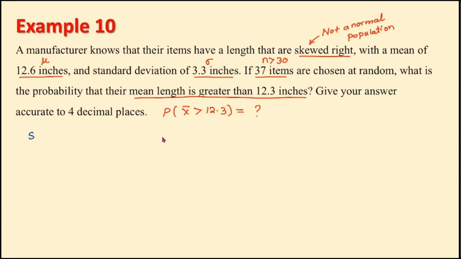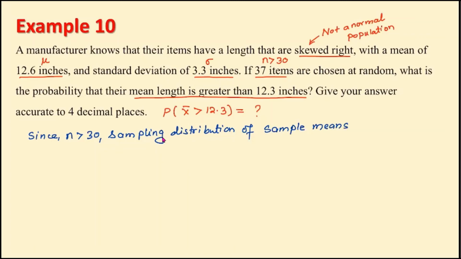So we say: since n is greater than 30, the sampling distribution of sample means is normal.